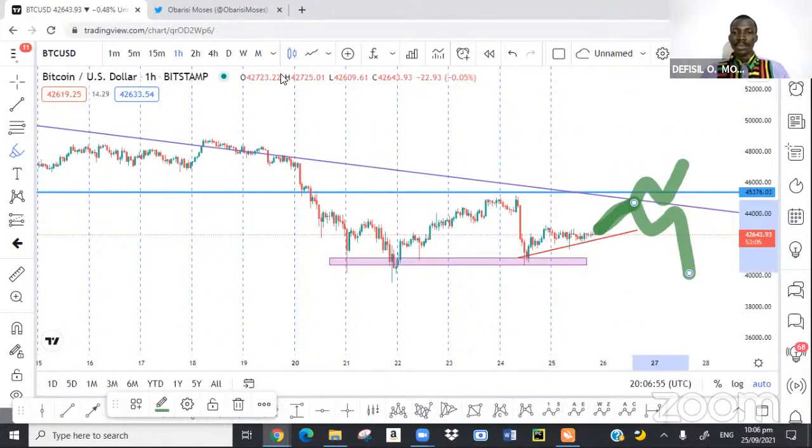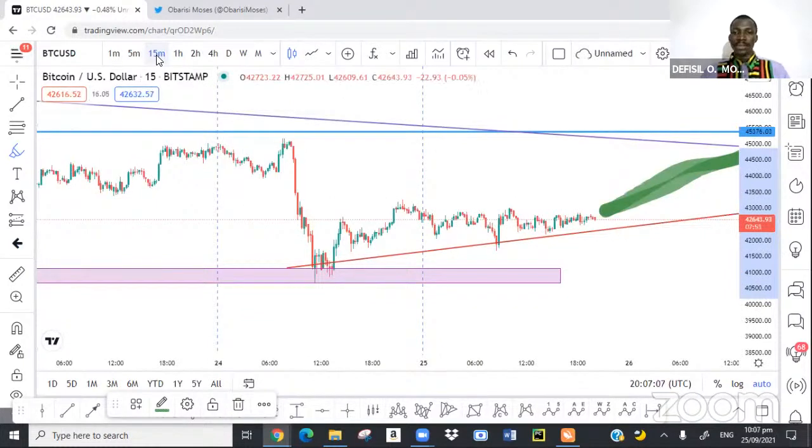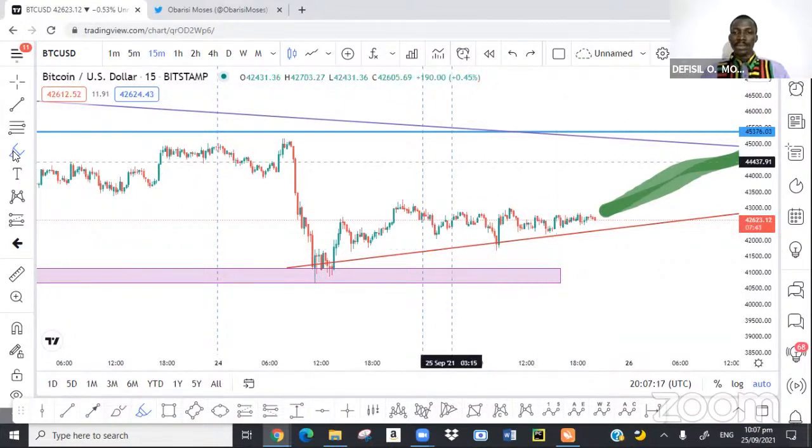This is the 1 hour. I think that's the lowest I can go. Okay, let's see what's on 15 minutes, for traders who work with lower time frames. Okay, this is 15 minutes. It's still the same thing.